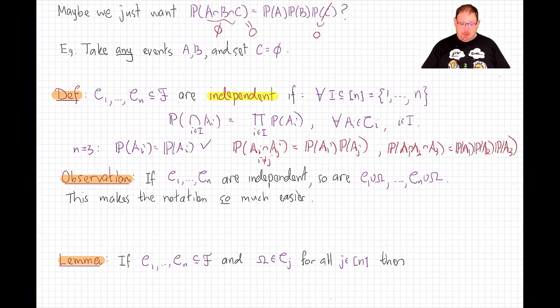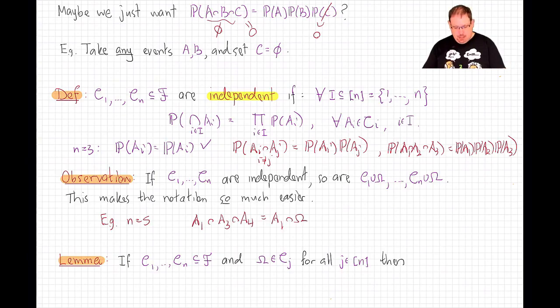Because, for example, if I had n equal to 5, here's one of the 3-element subsets we need to consider. A1 intersect A3 intersect A4. But I could just write that as A1 intersect the whole sample space, intersect A3, intersect A4, intersect the whole sample space.